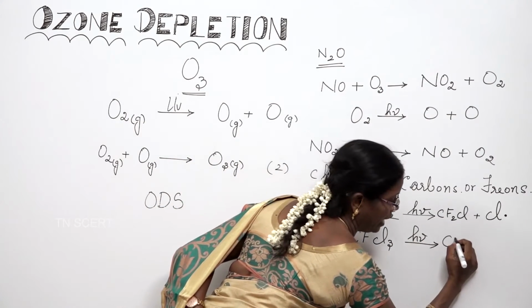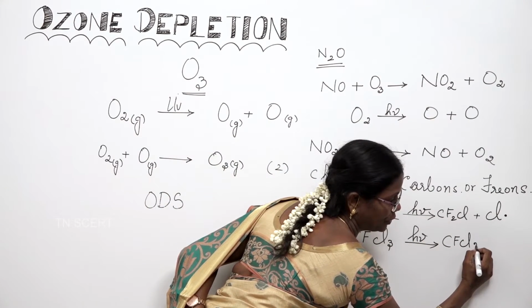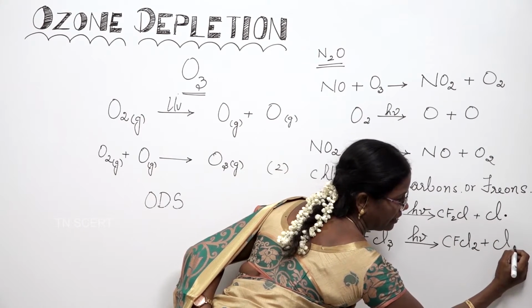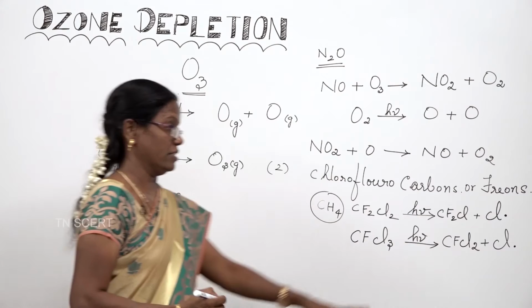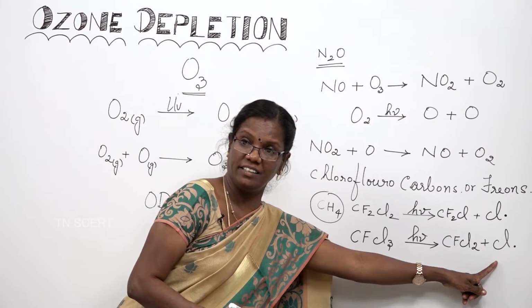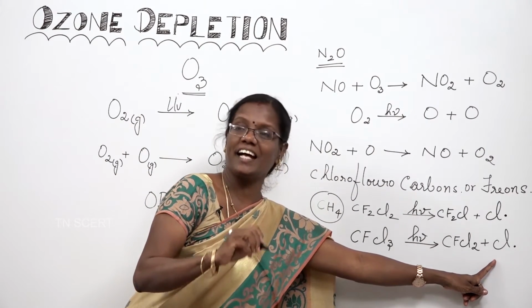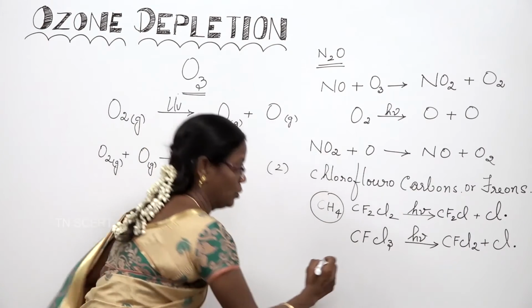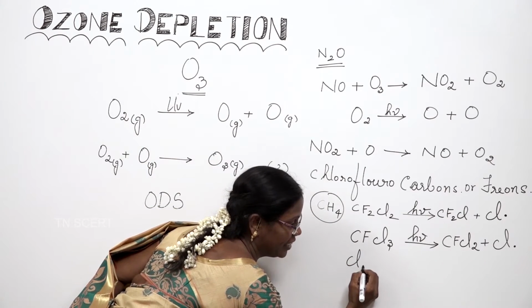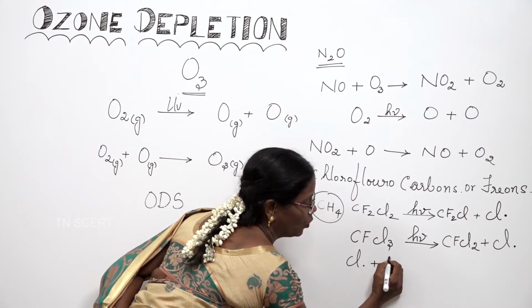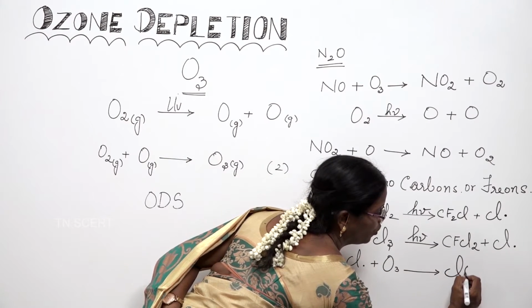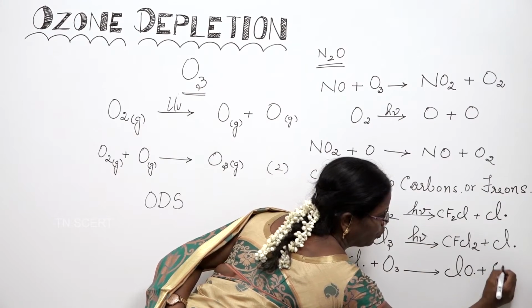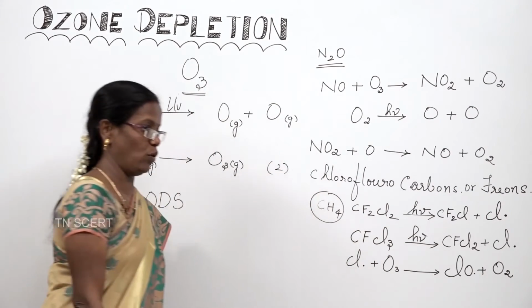So, CFCl2 plus again a chlorine free radical is formed. This free radical only reacts with the ozone. So, this free radical Cl dot plus ozone gives ClO plus O2.